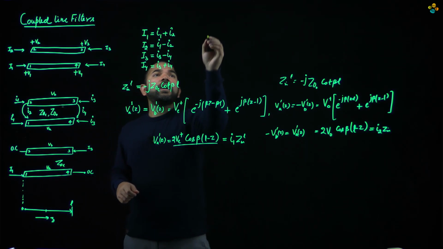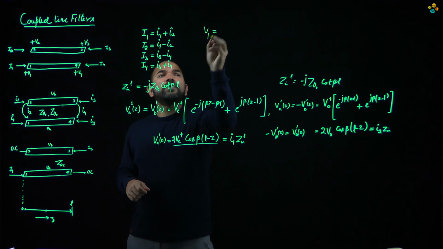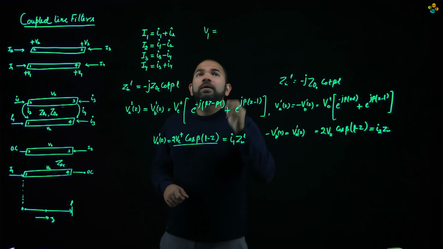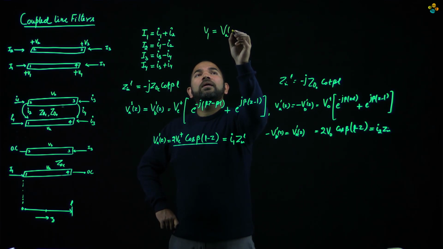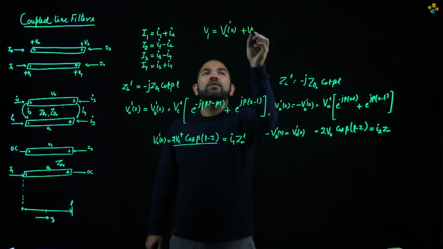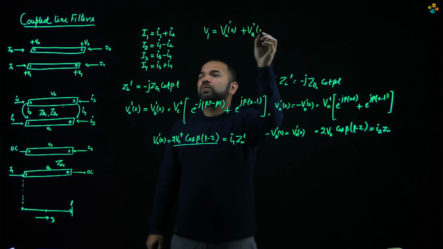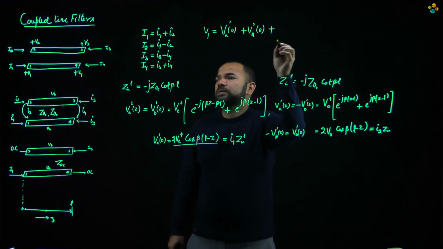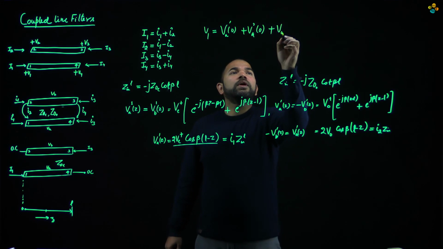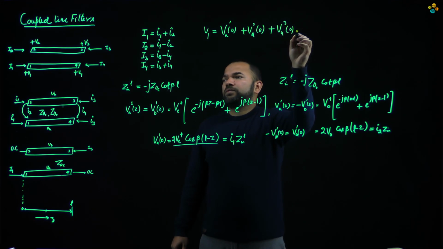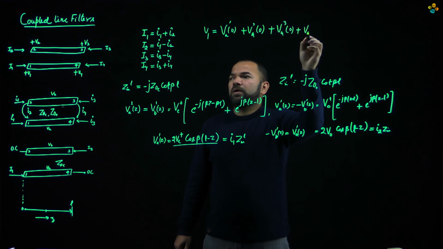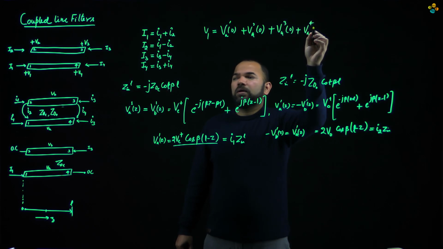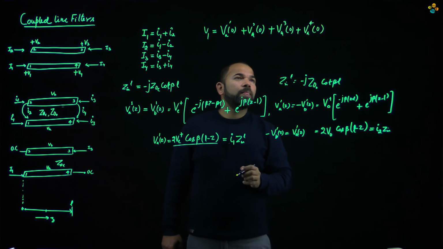So the total voltage at port 1 is going to be equal to V1, this is going to be VA at 0 plus VA at 2 at 0 plus VA at 3 at 0 plus VA at 4 plus.